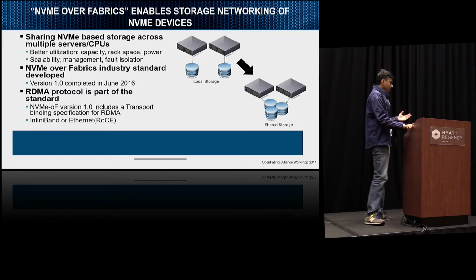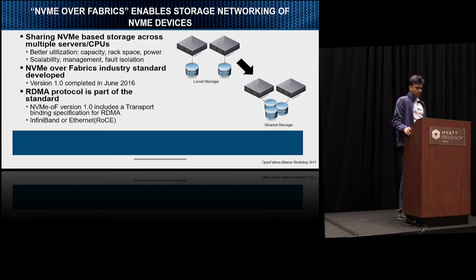So there are various modes in which NVMe Fabrics can work. The NVMe Fabrics standard is available from 2016. Implementation is available in Linux and many other OSs. It works today over RDMA, RoCE v1, v2, InfiniBand, and iWARP.